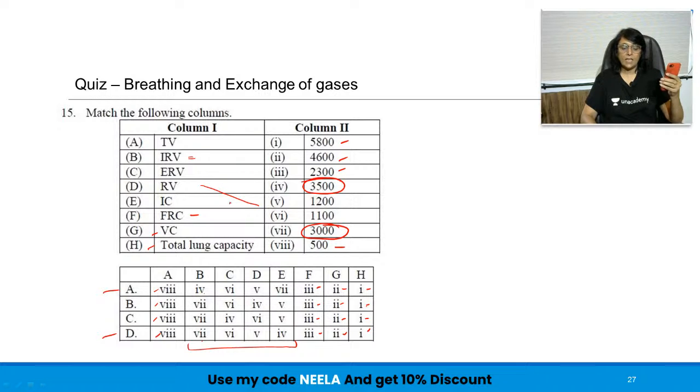And let us take E, inspiratory capacity. What is inspiratory capacity? TV plus inspiratory reserve volume. How much is that? That is 500 plus, what is the value of inspiratory reserve volume? We took it from 2000 to 3000.